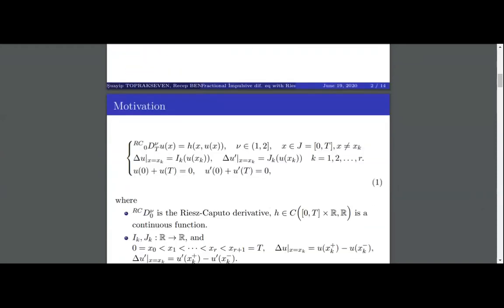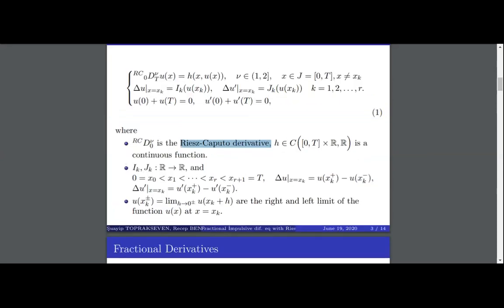So the problem is this. This is similar to ordinary differential equations, but we changed the derivative to the fractional one. Here we use the Riemann-Liouville fractional derivative. Shortly, I'll define what this means.